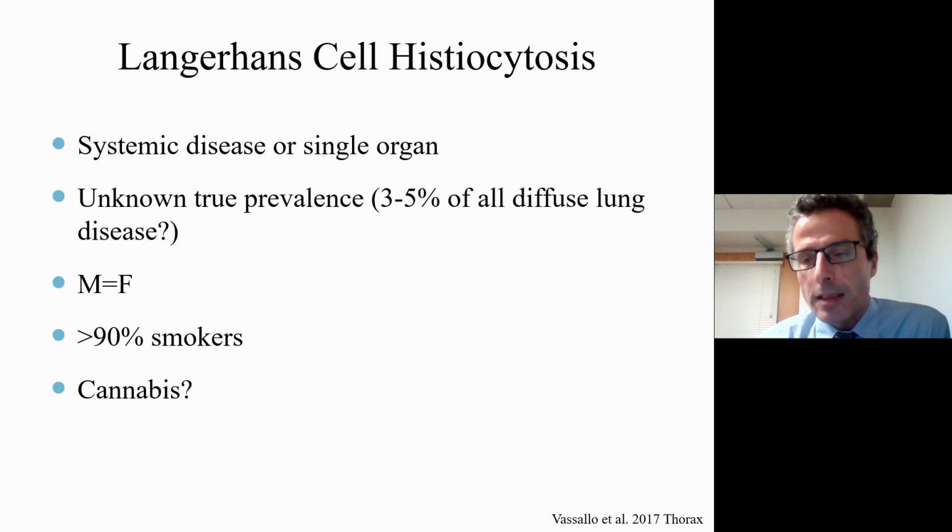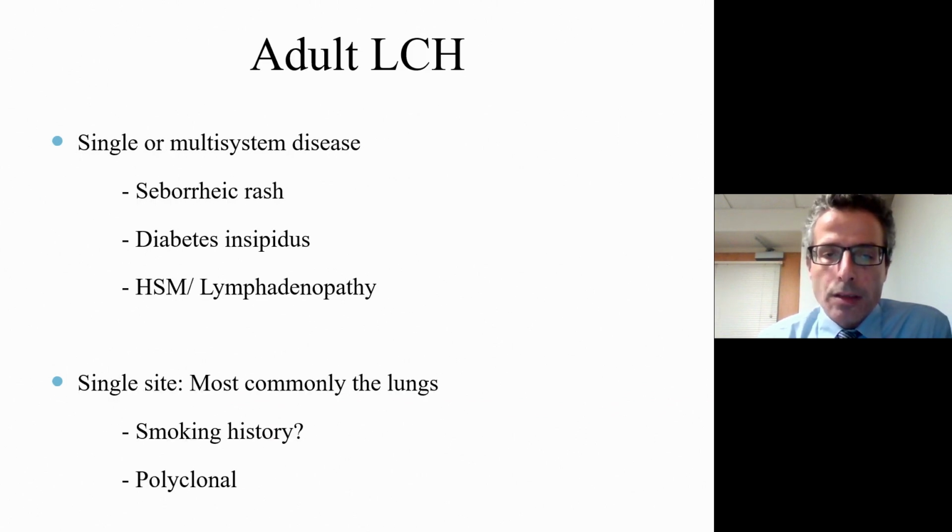But this is, again, still work in progress, trying to figure out the exact relationship between cannabis smoking and LCH. So when the disease is a multi-system disease, in addition to the cysts in the lungs, you also have a seborrheic rash, there's diabetes insipidus, and lymphadenopathies and hepatosplenomegaly in most patients.